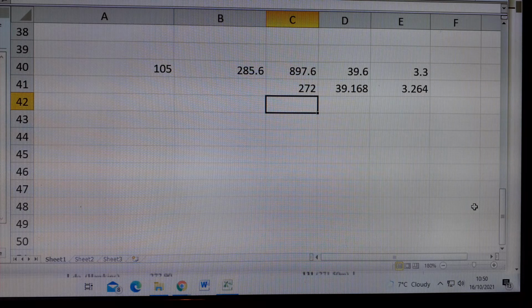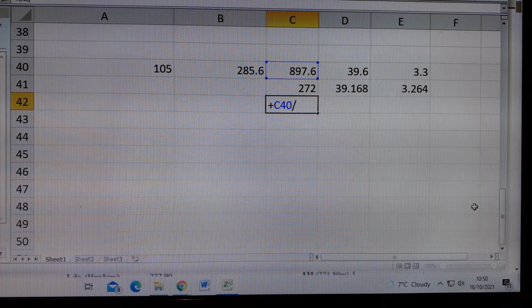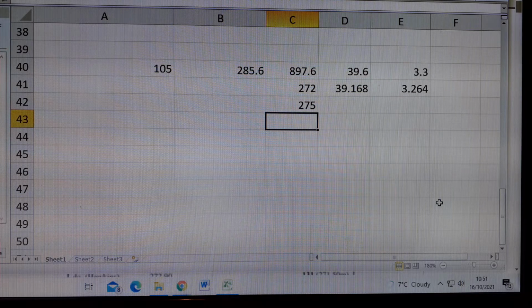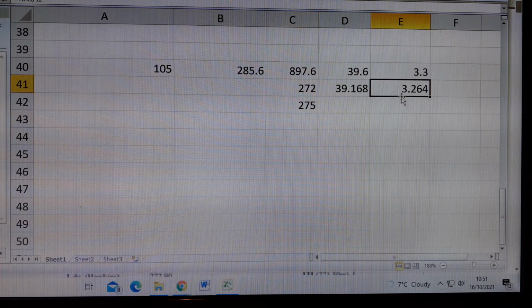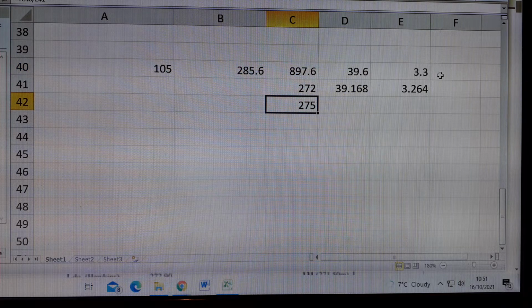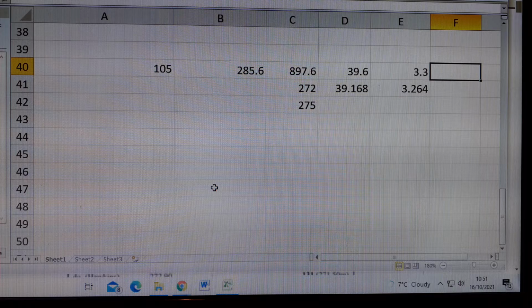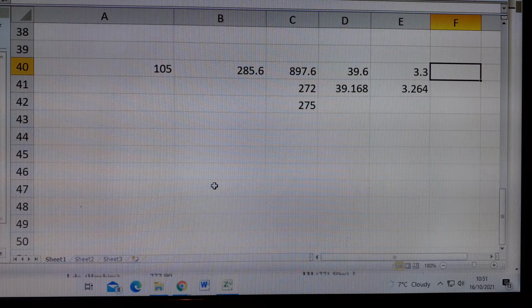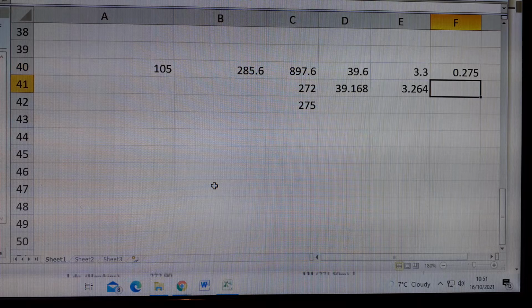272 meters of 3.3 feet, 39.6 inches in 897.6. And 275 units, meters of 3.264 in 897.6. Now, when we divide that by 12, we get 275.